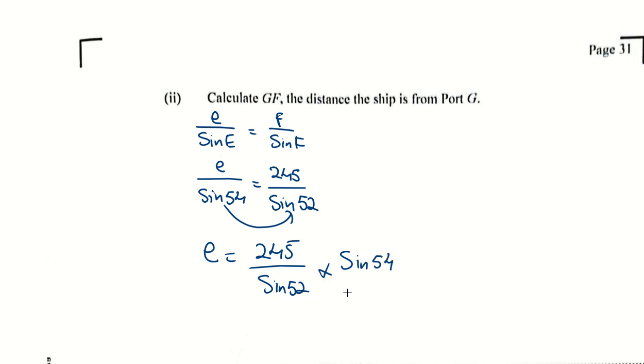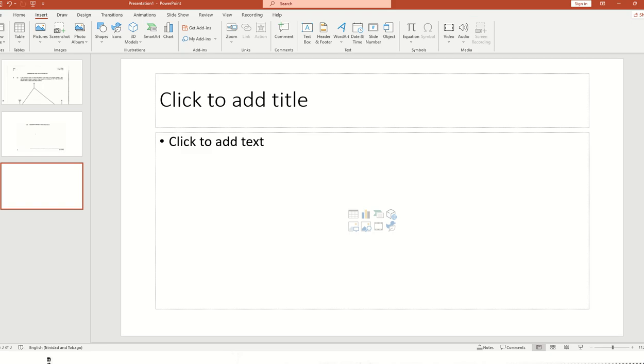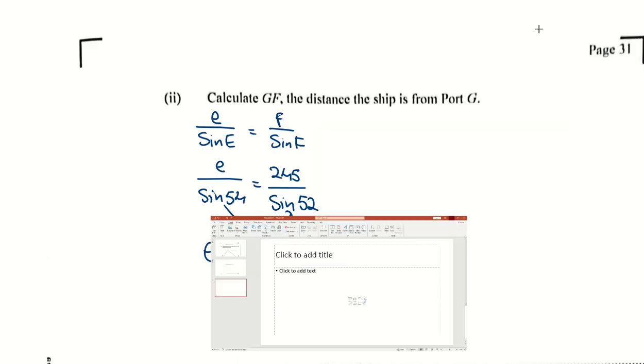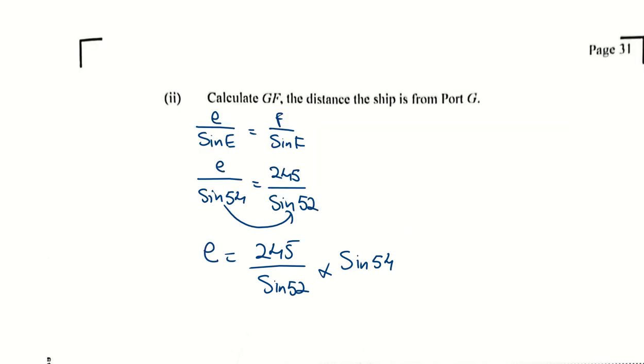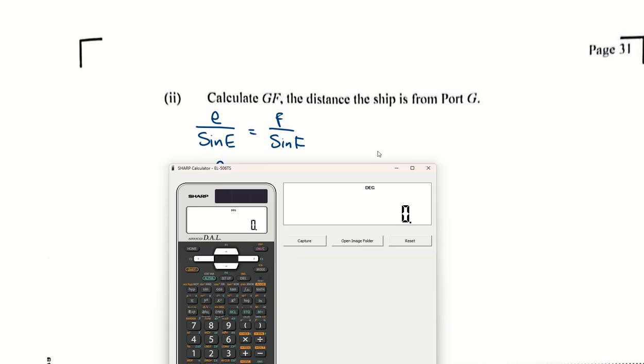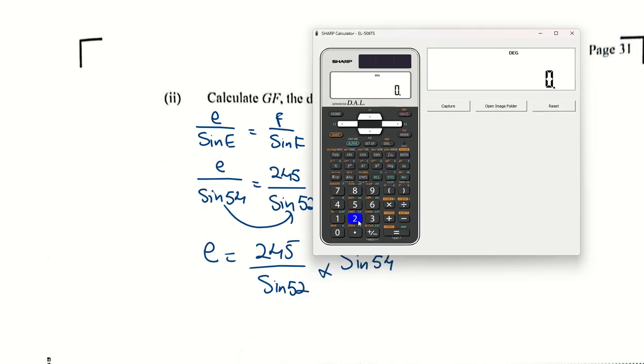Put this in your calculator. Let me get my calculator to show you how to do it. So 245 divided by sine 52 multiplied by sine 54. Make sure that your calculator is in degrees.